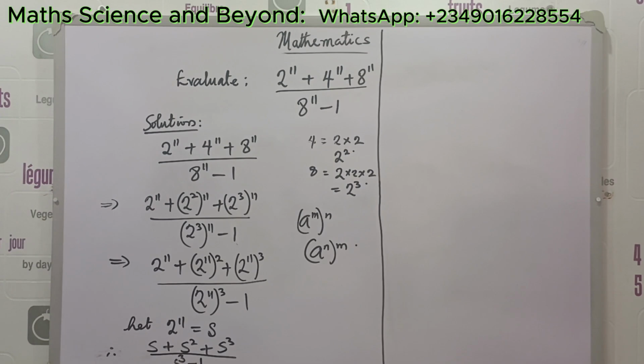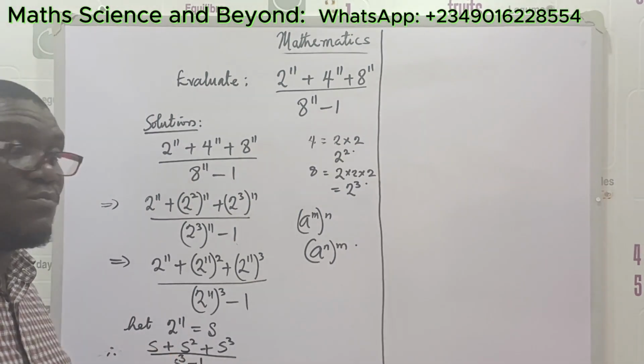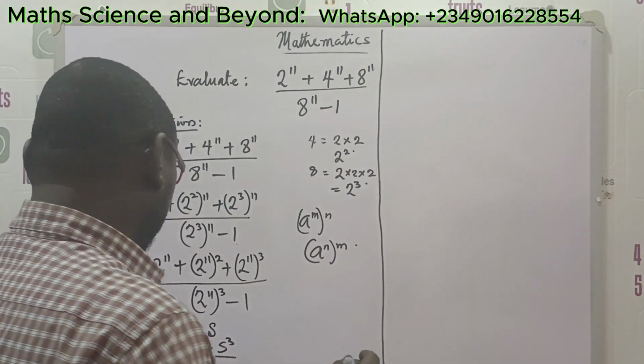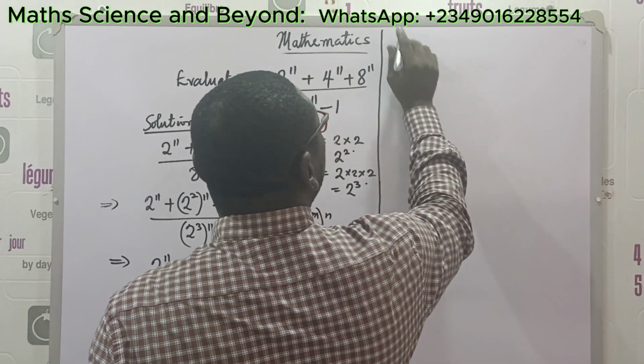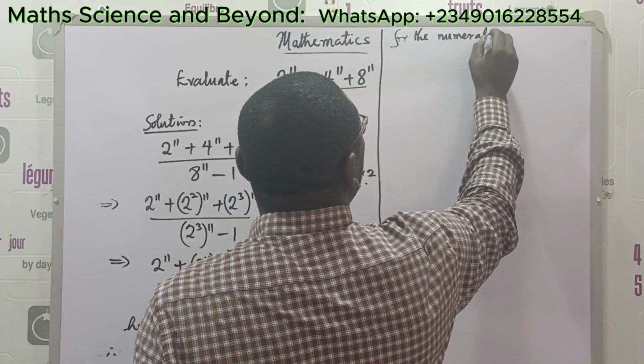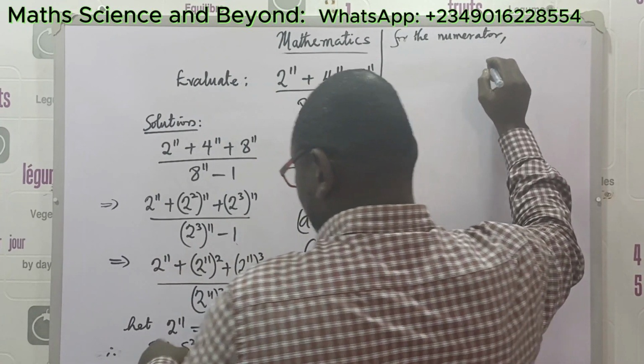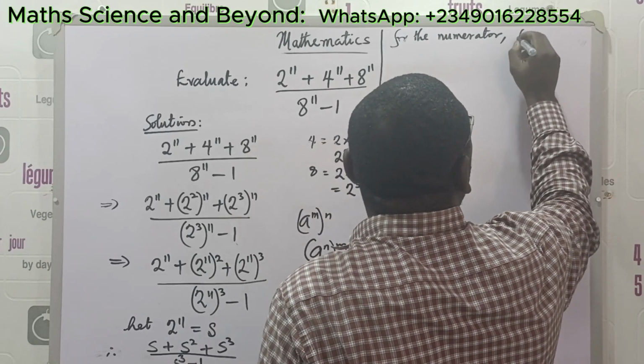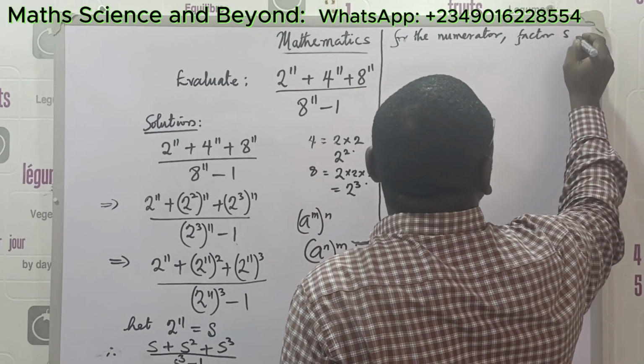If you look at the numerator, S is common. If you look at the denominator, what we have there is called a difference of two cubes. So for the numerator, we factor S out.